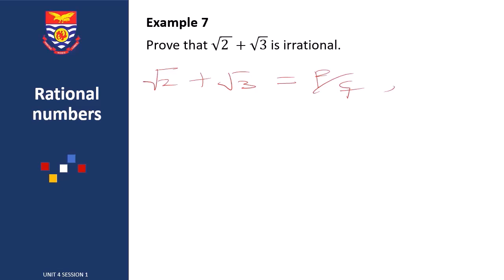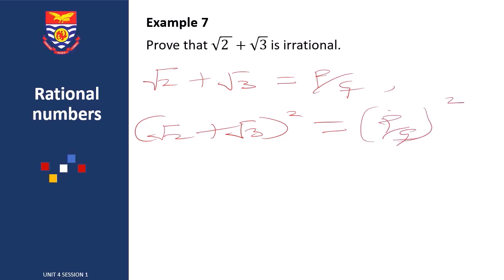Then you square both sides and proceed, the same principle. That is, square root of 2 plus square root of 3, squared, equals p on q, squared. Then you proceed in this process. At the end of the day, you get the proof that it is irrational.